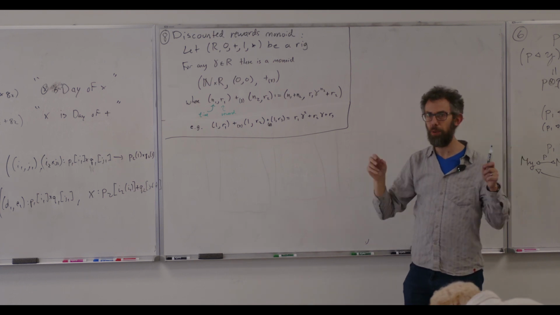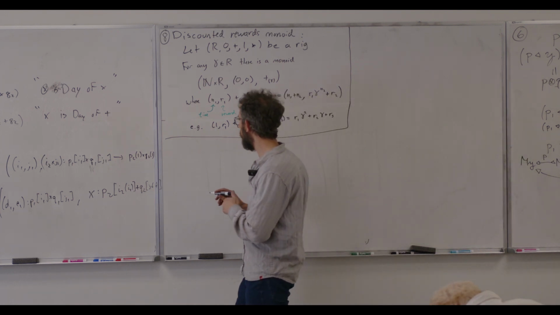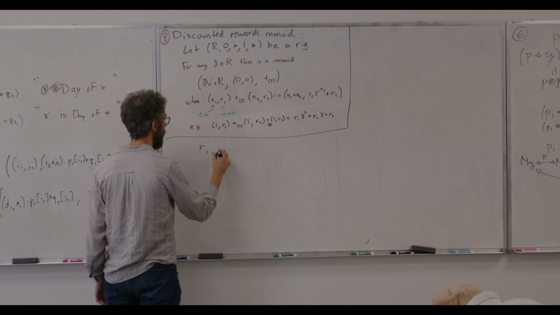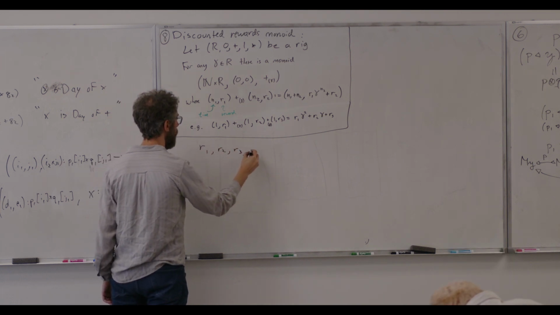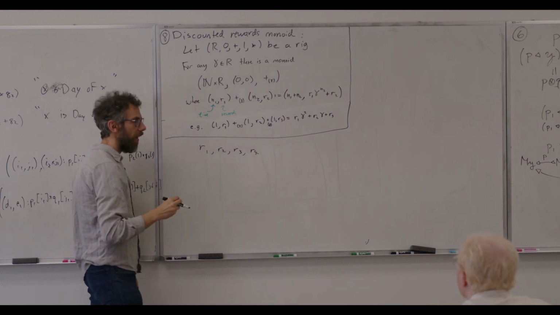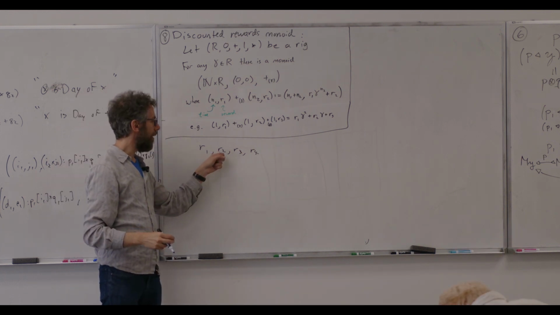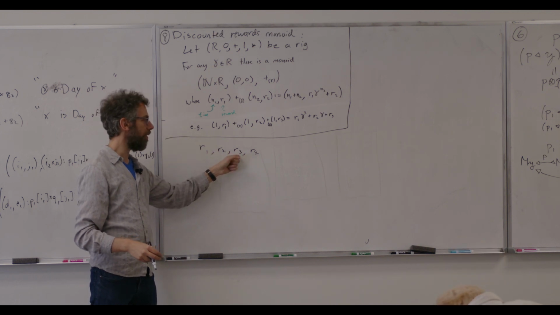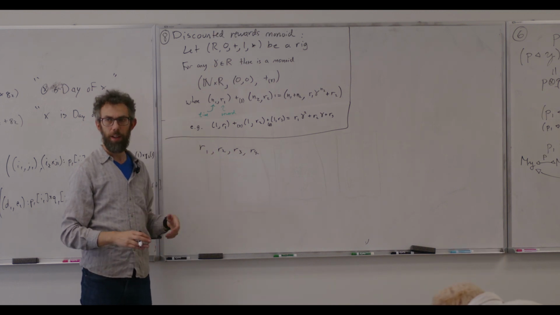So what I wanted to say is just that there's a monoid where it does what's called discounted reward when you add. In discounted reward, if I have a bunch of numbers, R1, R2, R3, R4, I get R1 a while in the past, R2 a little bit less in the past, R3 just a minute ago, and R4 right now.